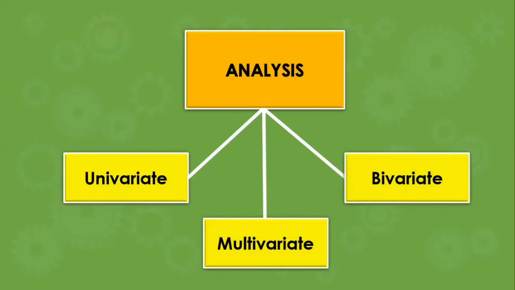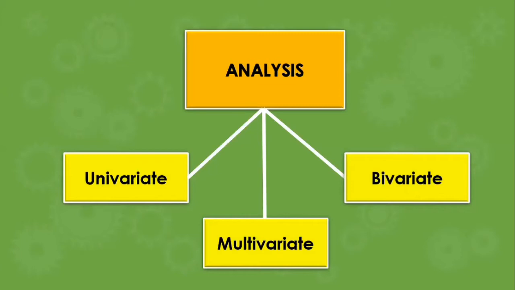Uni means one, so in other words, your data has only one variable. Most importantly, the thing we need to take note of in univariate analysis is that it doesn't deal with causes or relationships, and its major purpose is only to describe.